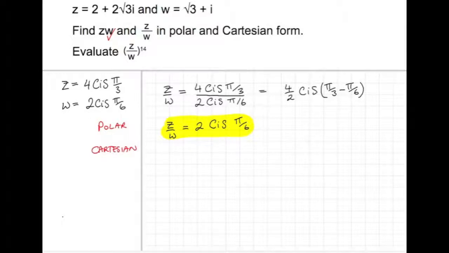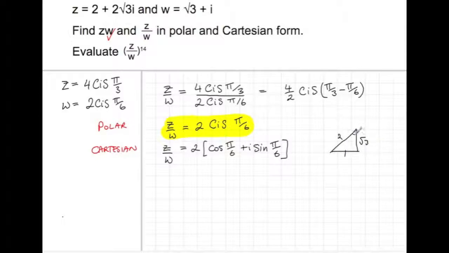Again, to convert this into Cartesian form, rather than dividing out again in Cartesian form, it's easier just to take out the calculator and work out the value of cos pi over 6 and sine pi over 6. If you didn't have a calculator, we could consider this triangle because we might recognize 30 degrees. We see that cos of 30 degrees is root 3 over 2.